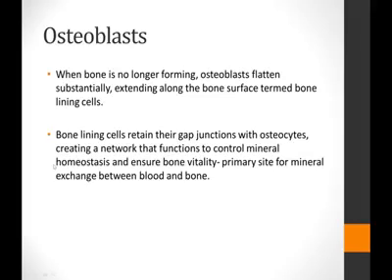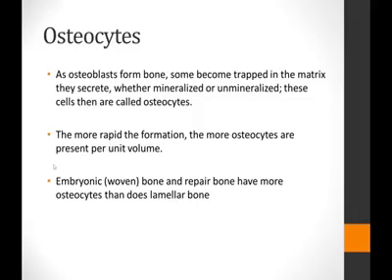Then we talked about the very important cells of the bone, including the osteoblasts, the osteocytes, and the osteoclasts. We talked about the osteoblasts in detail. In today's lecture, we're going to talk about the rest of the bone cells, including the osteocytes and the osteoclasts.